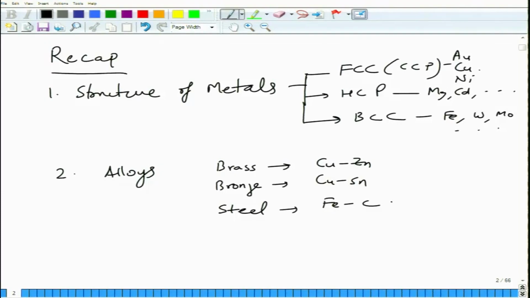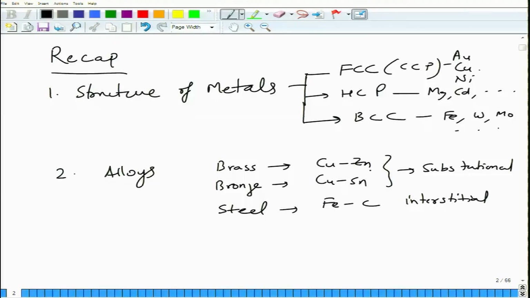So it turns out that carbon and iron will make an interstitial solid solution, whereas zinc and tin will make a substitutional solid solution, because the size of zinc and tin is larger than the size of interstices that occur in these solids. So carbon prefers to go to interstitial sites because it's a smaller atom. Whether it's gamma iron or alpha iron, depending upon the temperature, it goes in interstitial sites, whereas zinc and tin, below their solid solubility limit, make a substitutional solid solution.